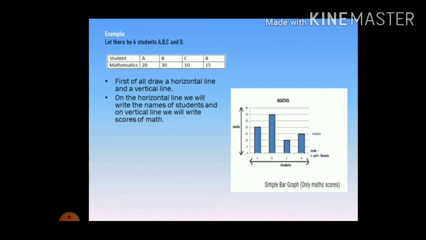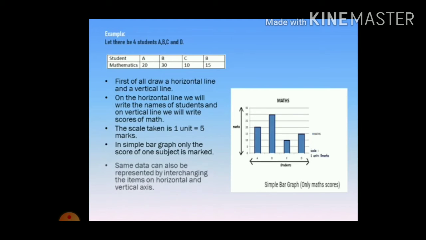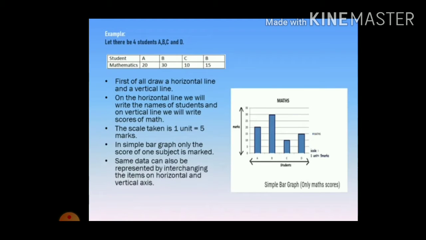Next, the scale taken for 1 unit is 5 marks, and in a simple bar graph, only the scores of one subject is marked. Same data can be represented by interchanging the items on horizontal and vertical axis. The height of the bar graph represents the score of a student.